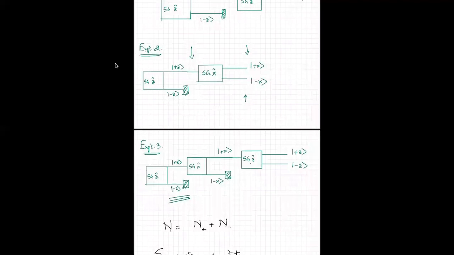What is experiment number 2? Experiment number 2 is you're putting the first beam in the SGZ experiment, so you're putting a magnetic field in the z direction. You're splitting it into Sz equal to plus h bar over 2 and Sz equal to minus h bar over 2. And now you're again blocking the minus z component. And in the path of the Sz plus h bar over 2 component, you are now measuring Sx. You are putting the Stern-Gerlach experiment in the x direction.